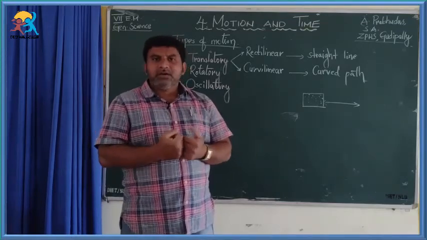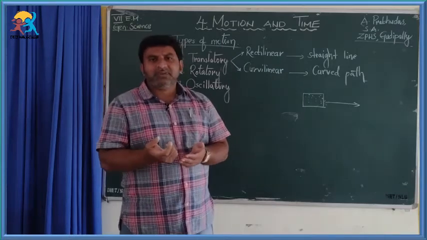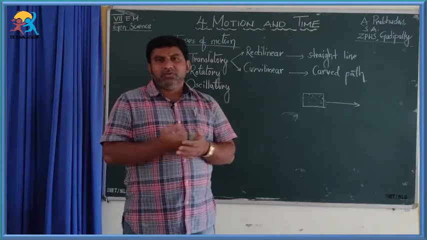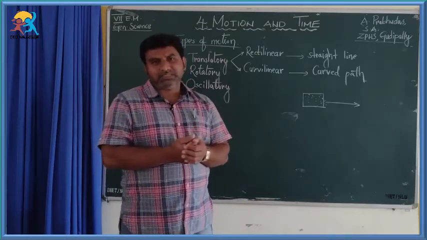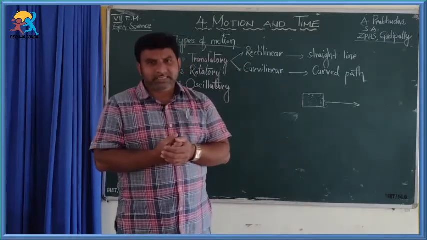Our earth rotates on its own axis. The time taken for one rotation is 24 hours. So, you can give many examples for objects having rotatory motion.